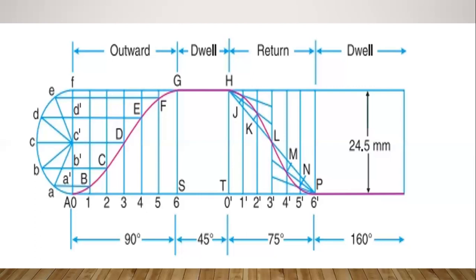Next we have to indicate the angles and the points. That is 90 degrees for the outstroke, 45 degrees for the dwell period, 75 degrees for the return stroke, and 160 degrees for the dwell period.